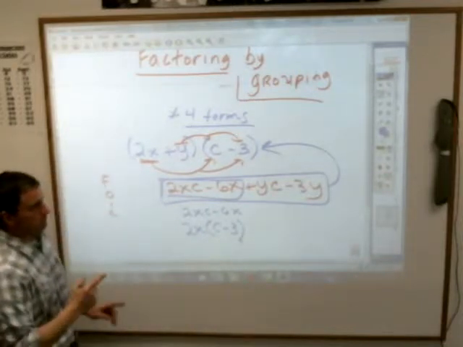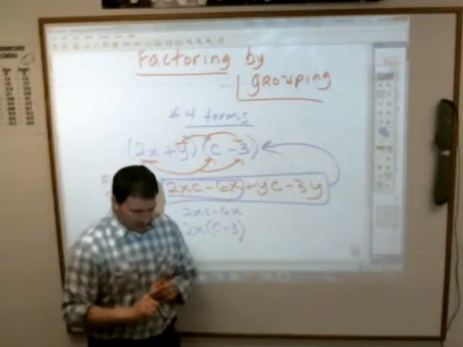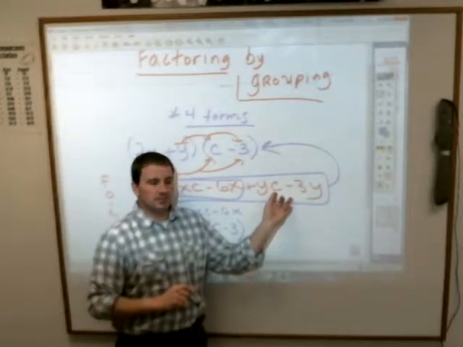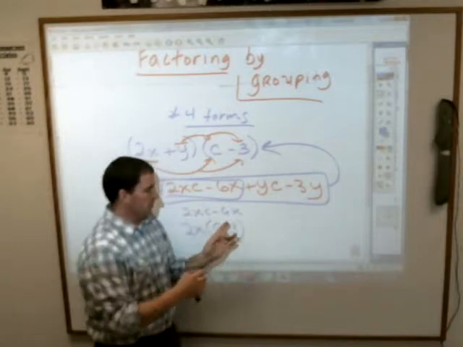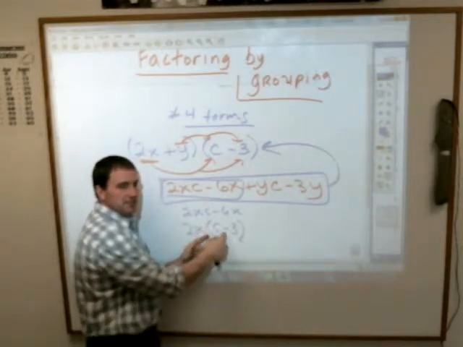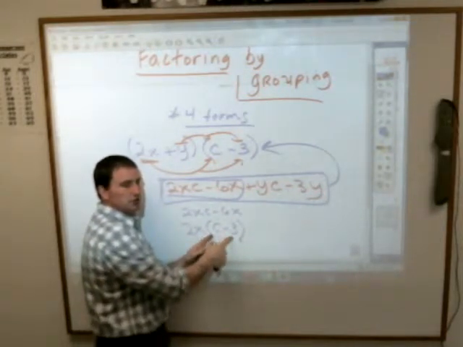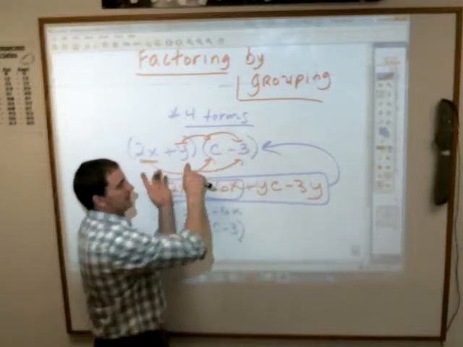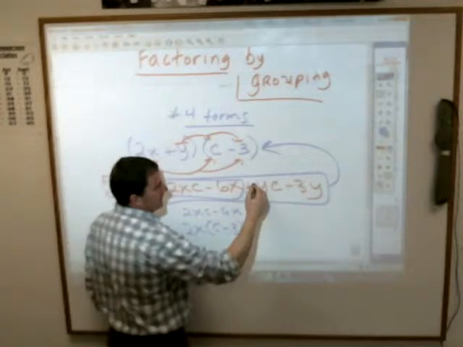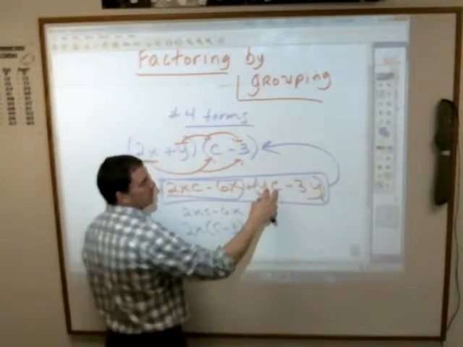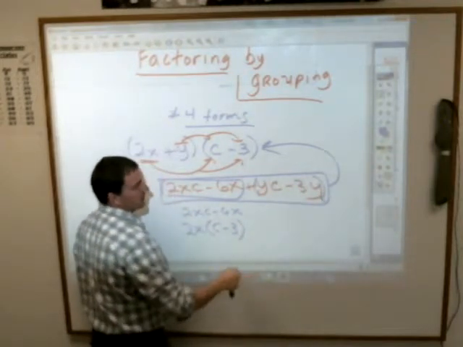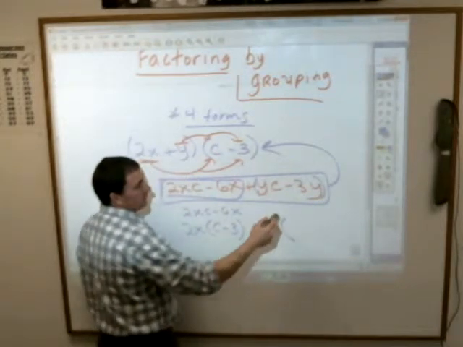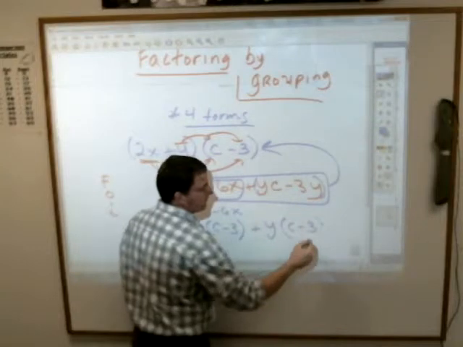And then what your hope is, you look at this other group over here and you take out a common factor, and you're hoping that you get this c minus 3 there too, because if you do, then you can rewrite it like this. Let me show you. If I factor that together, what can I take out of yc minus 3y? Well, y. And you're left with c minus 3.